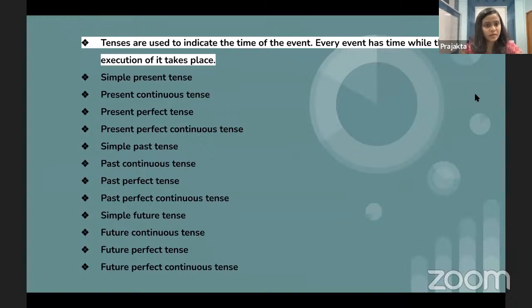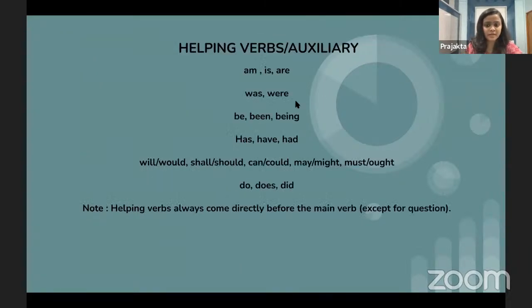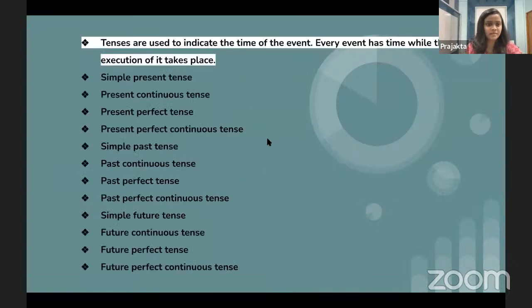So here I tried to give the definition of tense. What is tense? Tenses are used to indicate the time of the event. Every event has time while the execution of it takes place.